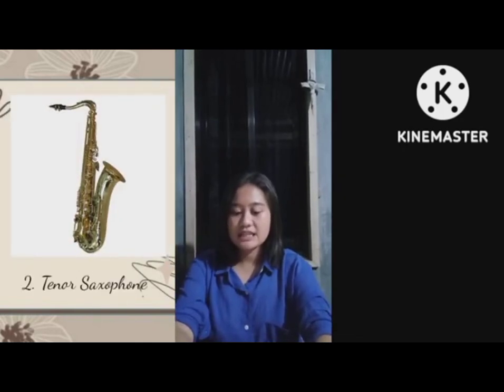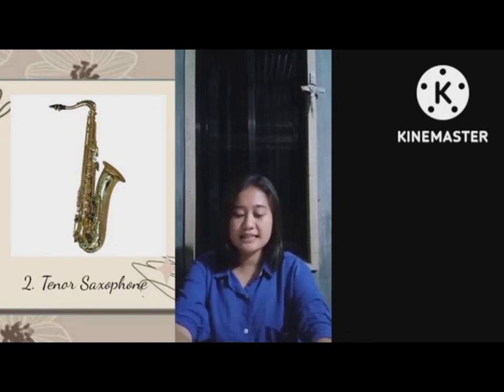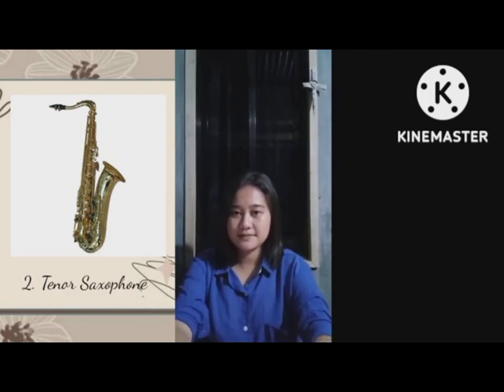Second, we have tenor saxophone. It is a medium-sized woodwind instrument that is very prominent in jazz groups and is one of the essential voices of a concert or marching band.